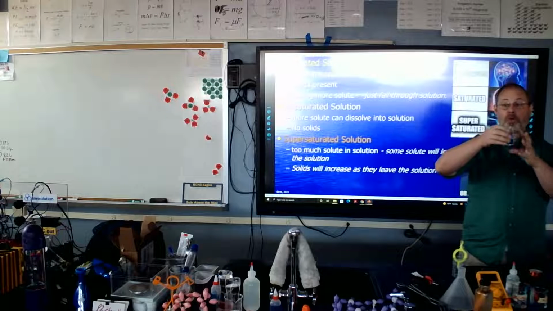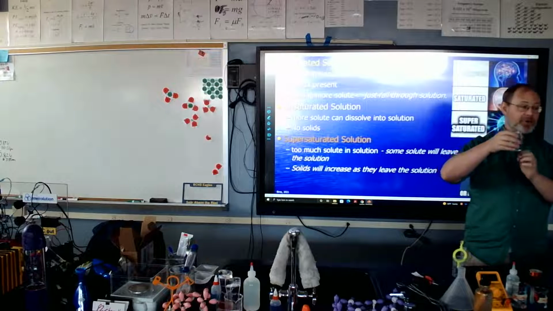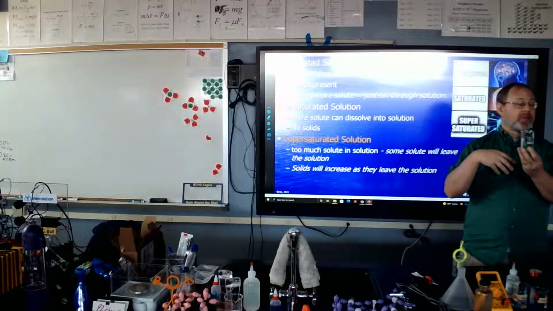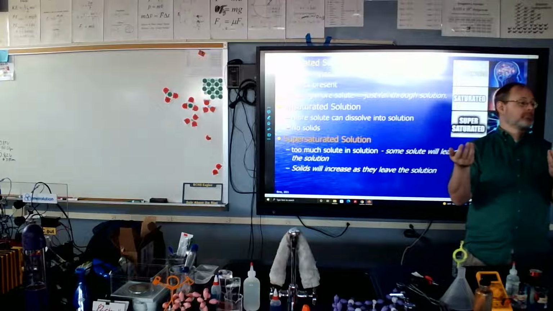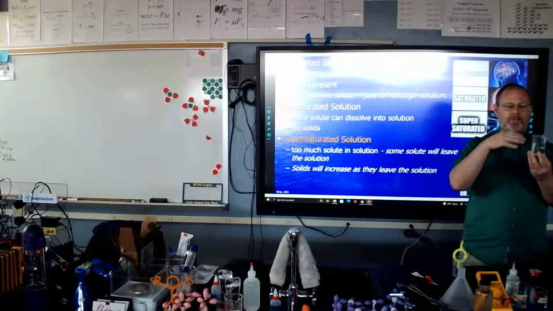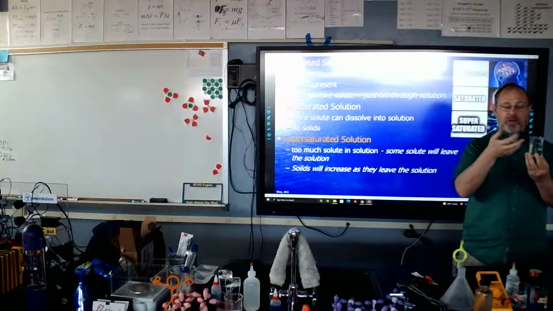If crystals are forming at the bottom, it's supersaturated. And if you put some crystals in, they dissolve, it's unsaturated. Am I being clear? So unsaturated, you can put more. Saturated, you're done. Supersaturated, they're going to start coming out.